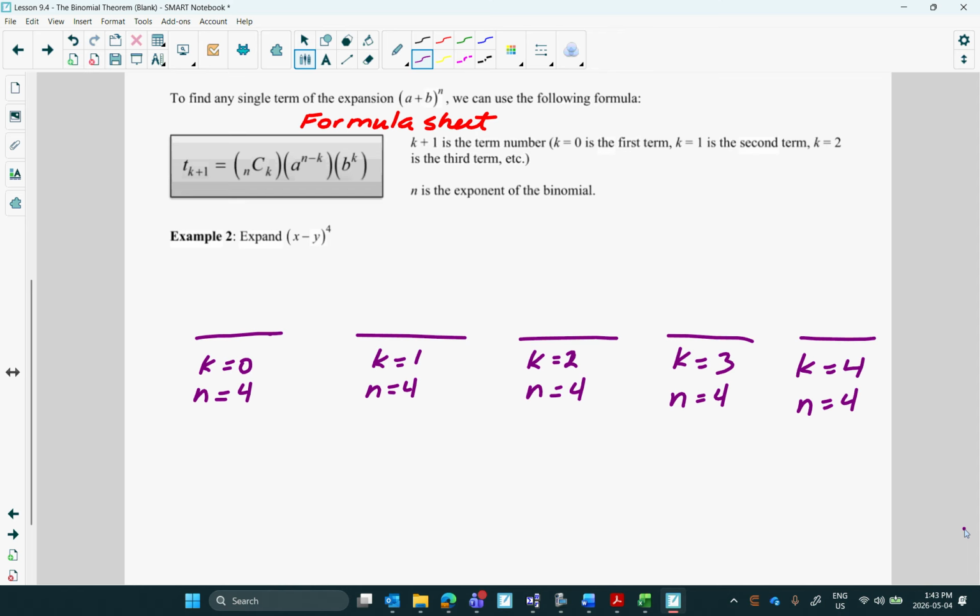So here's what I have to do. N choose k, 4 choose 0.